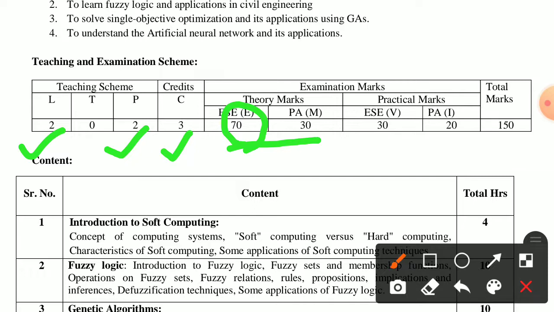Then practical marks are 30 plus 20, which means you perform practicals and then your practical viva is taken. Okay, so total 150 marks.